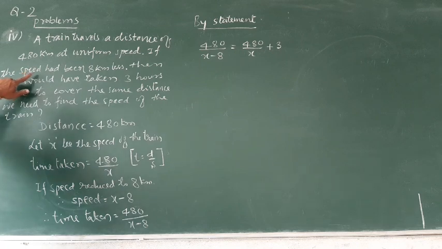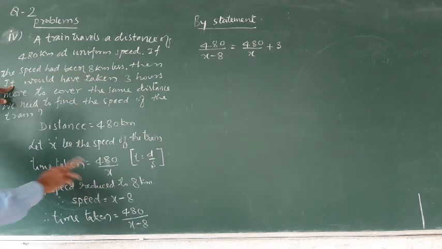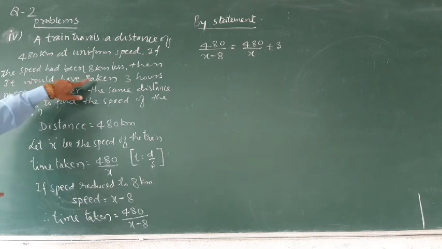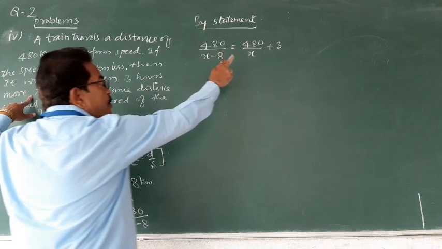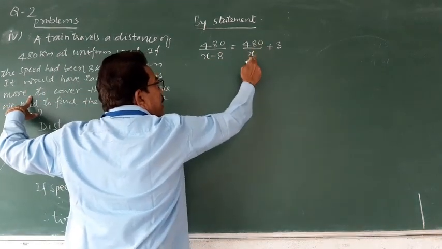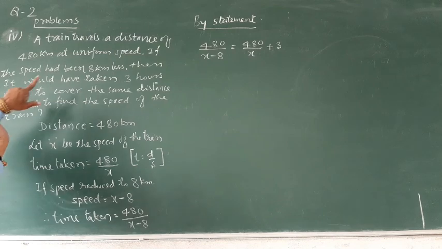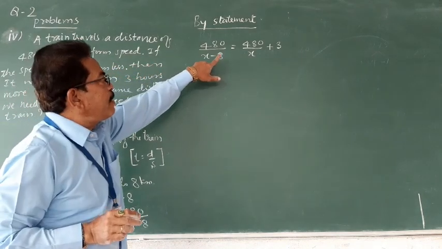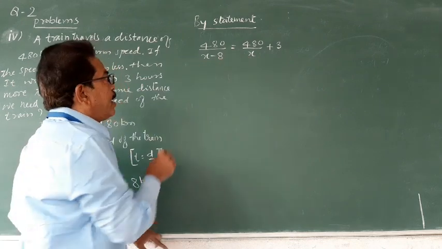Because the speed had been 8 kilometers less, that will be x minus 8. It would have taken 3 hours more, plus 3, to cover the same distance. That is 480 divided by x minus 8 equals 480 by x plus 3.